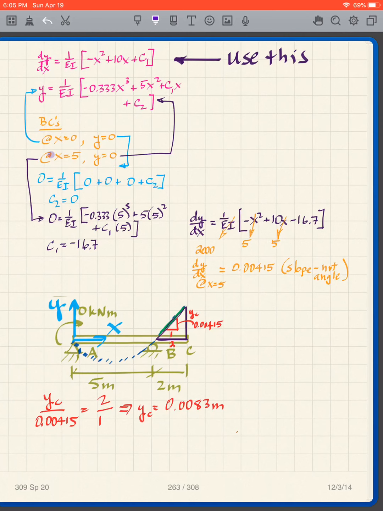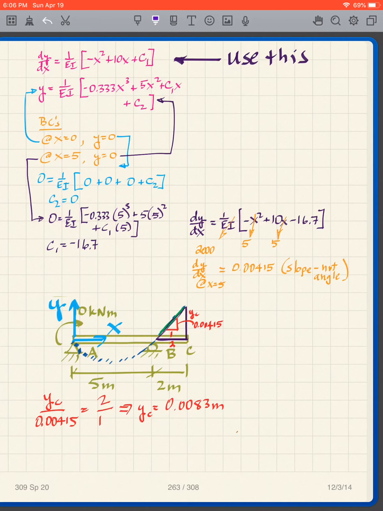And then I use the other one at x equals 5, y equals 0, and I get that 0 is equal to 1 over EI times, now I'm putting in 5, negative 0.333 times 5 cubed, plus 5 times 5 squared, plus C1 times 5. I solve for C1, I get negative 16.7.